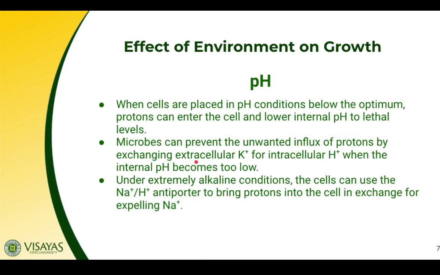Microbes can prevent the unwanted influx of protons by exchanging intracellular potassium for protons, or hydrogen ions, when the internal pH becomes too low. In some cases, under extremely alkaline conditions, the cells can use a sodium proton antiporter to bring protons into the cell in exchange for expelling sodium.